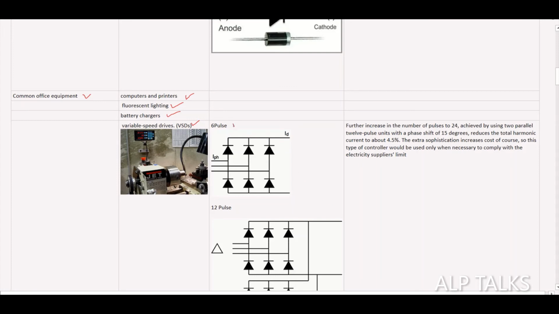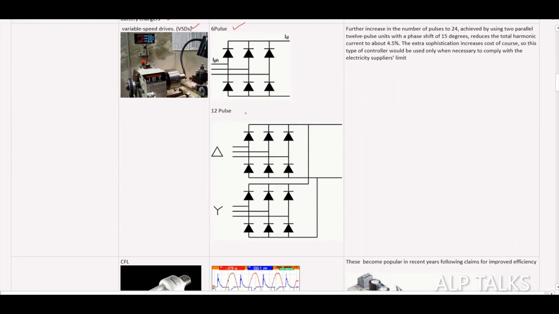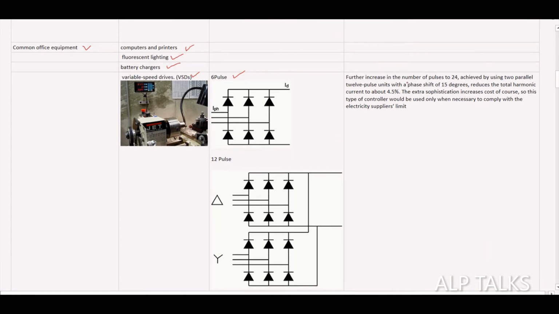For example, if it is a 6 pulse system, the circuit will be like this. If it is a 12 pulse system, the circuit will be like this. We can go for a higher number of pulses, for example 24 pulses, 36 pulses, or 48 pulses. If you keep increasing the pulse number, the harmonic content will reduce. How? For example, in a multi-level inverter the waveform will be like this.